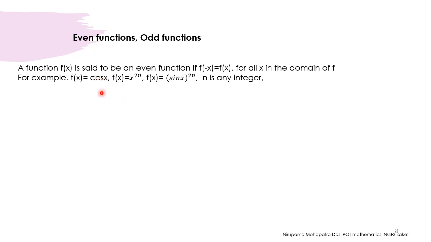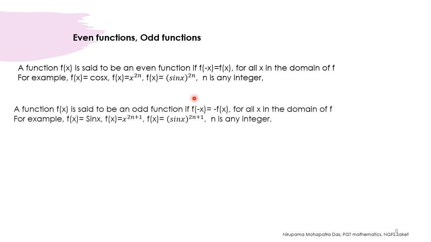Even if you change the sign of x, there is no difference in the function. Any even power of x, x square, x to the power 4, x to the power 6, these are also even functions, and also sin x to an even power, sin square x, sin to the power 4 x. Okay, so there are many such functions, and an even function is basically like this.